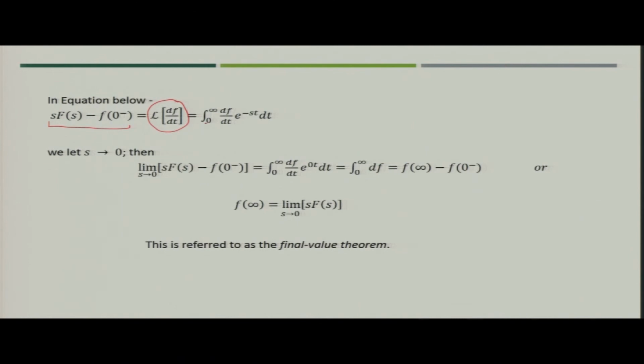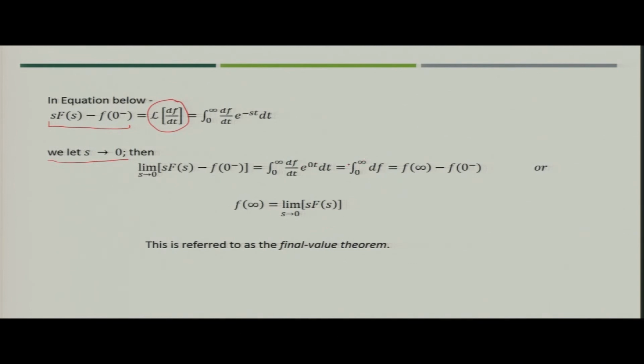That is nothing but the integration between 0 to infinity of df by dt e to the power minus s t dt. Now, if s tends to 0, what can we write? Limit s tends to 0, s F(s) minus f(0) equals the integral from 0 to infinity of df by dt e to the power 0 t. So, this will now become 1.